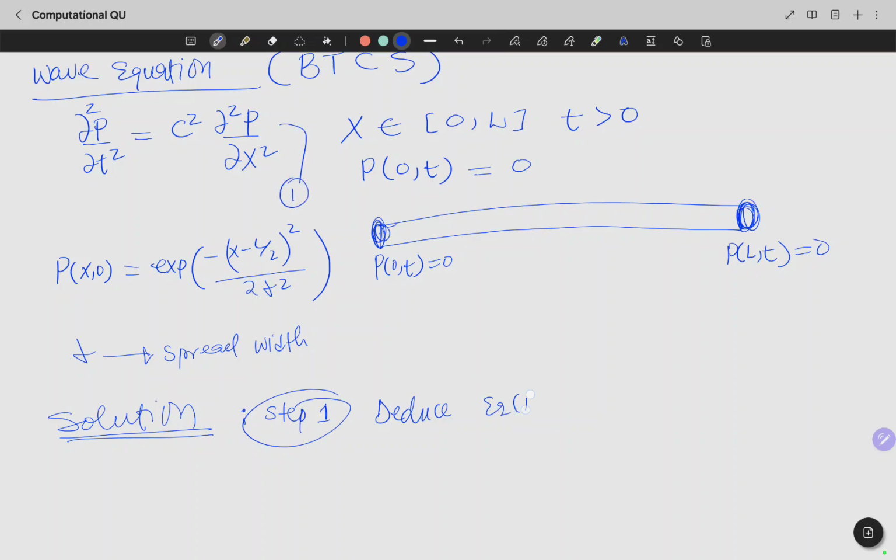Deduce equation 1 into 2 coupled equations.